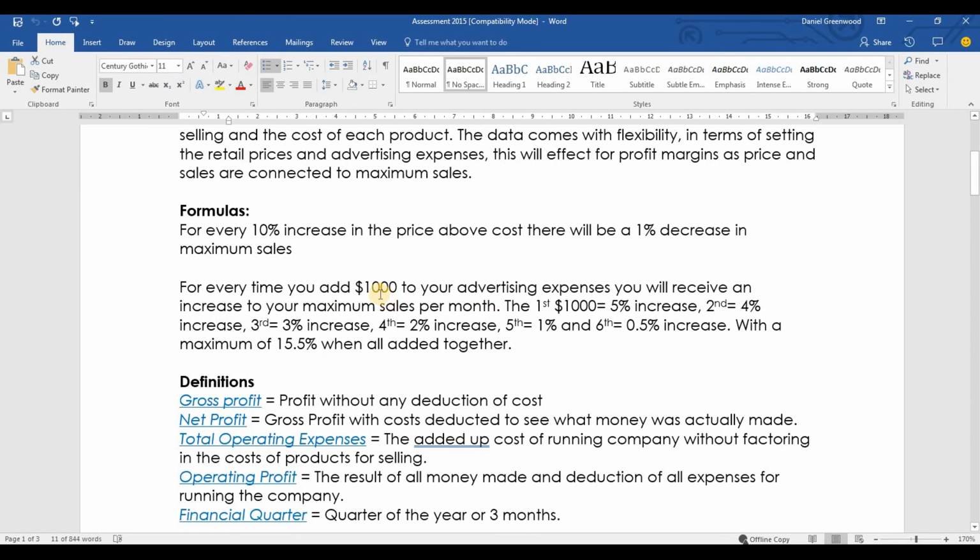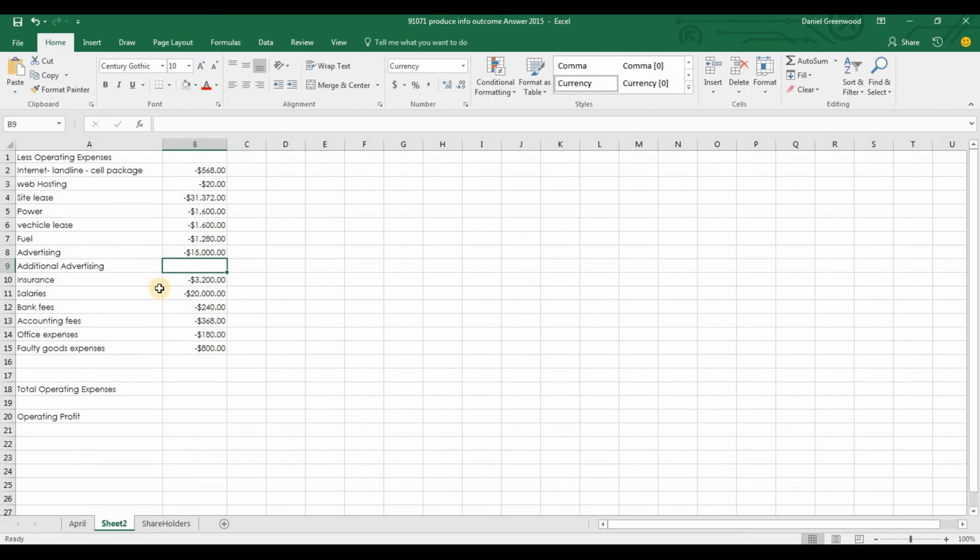So it doesn't mean $1,000 does all 3 months, it does 1 month at a time. 5%, then 4, 3, 2, 1.5, 6 times, making a maximum of 15.5. And so I want to do those 6 markups 3 times, 3 sixes, 18. So that should be negative 18,000. And that way for all 3 months, I'll get that.